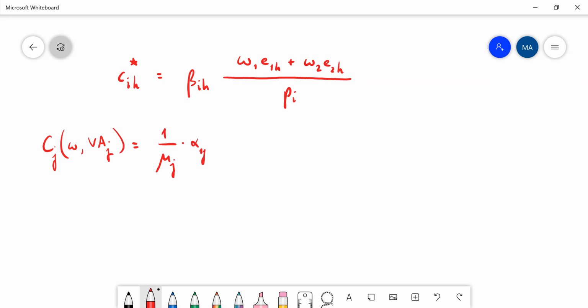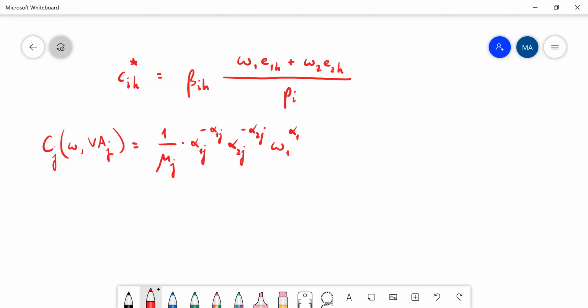This is just simple microeconomics. Okay.